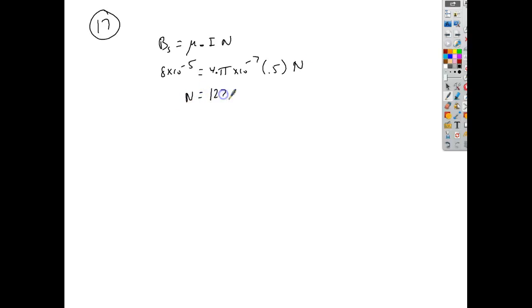So I got 127 as my turns per length. They gave us the length. What's the length? 0.25.